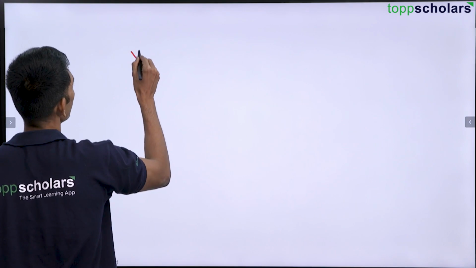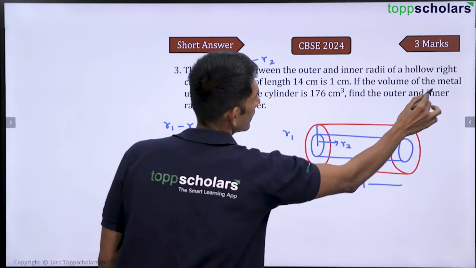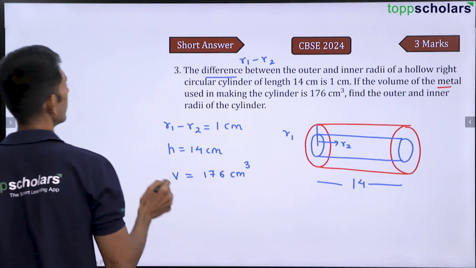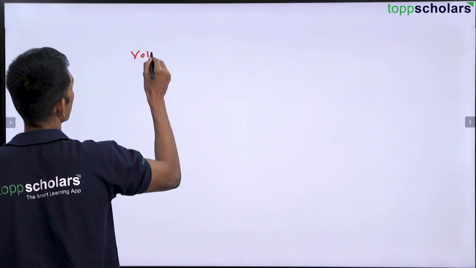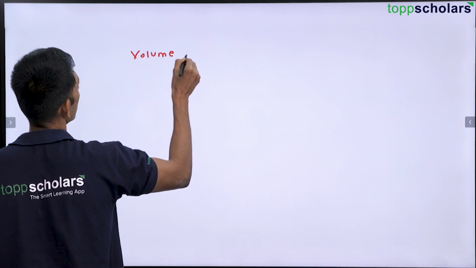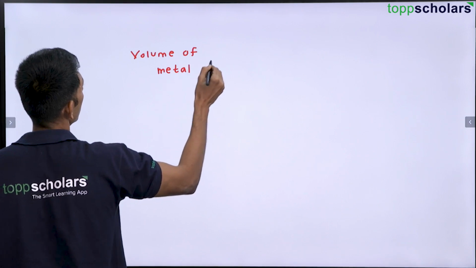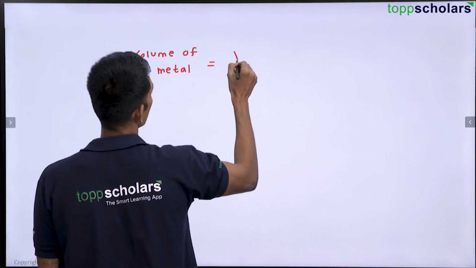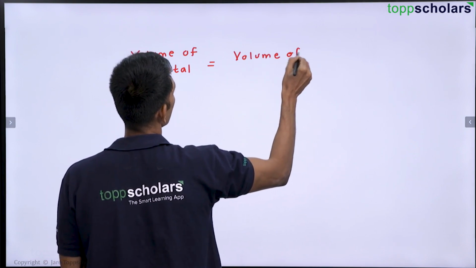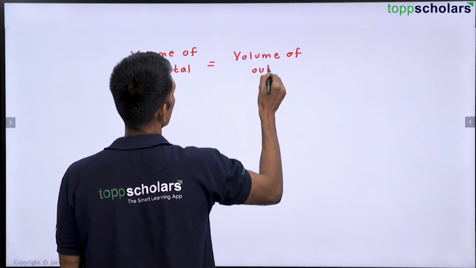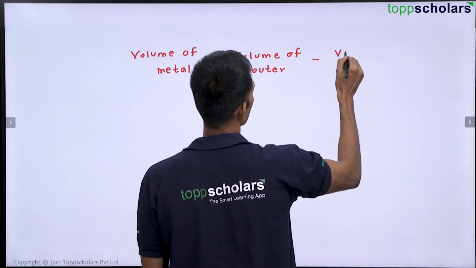So we know that volume of the metal is equal to volume of the outer cylinder minus volume of the inner cylinder.